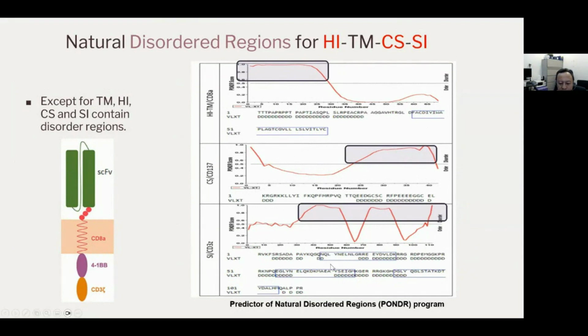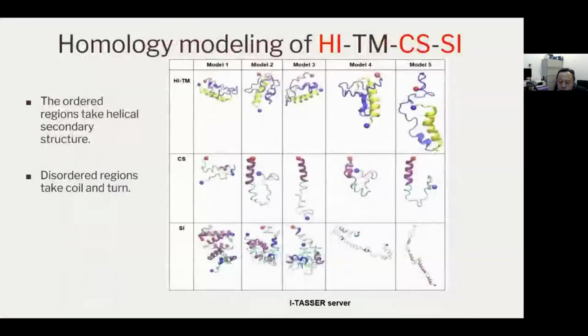So we have to use another method to generate the starting structure. I mentioned homology modeling, so we can use homology modeling. You can say yes, they are disordered and have a lot of conformations, but we need to start from somewhere. So anyway, we just pick model one to build our receptor structure.